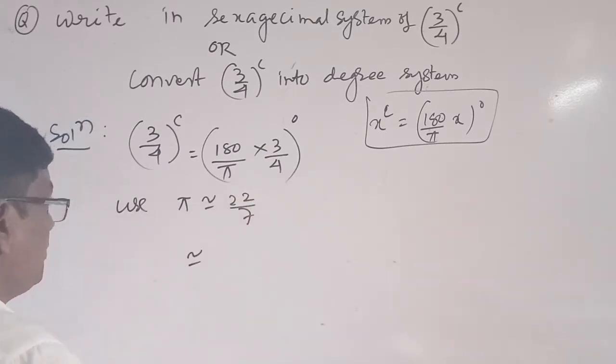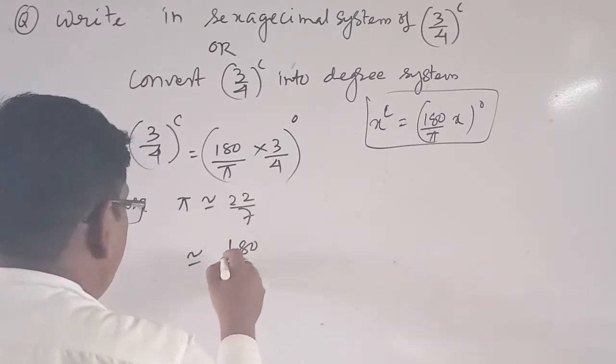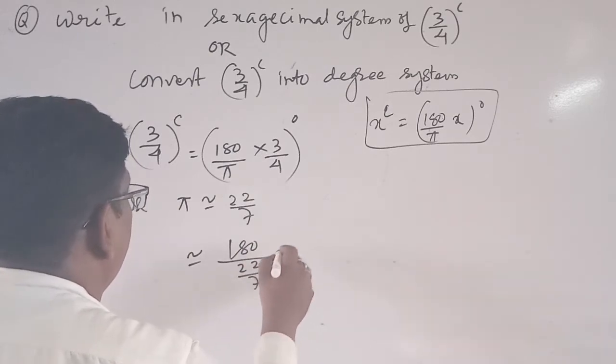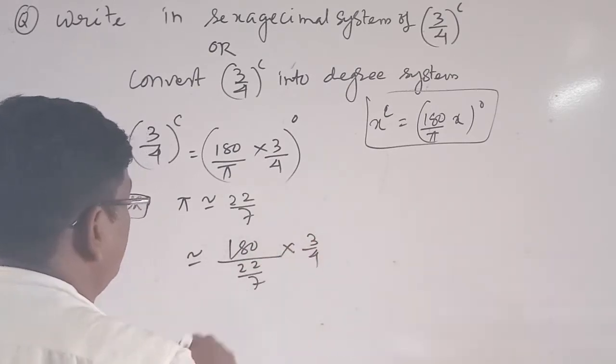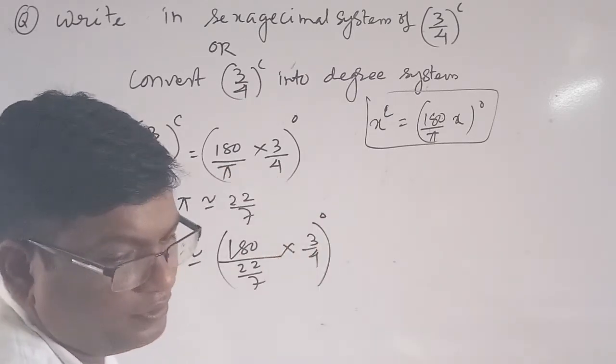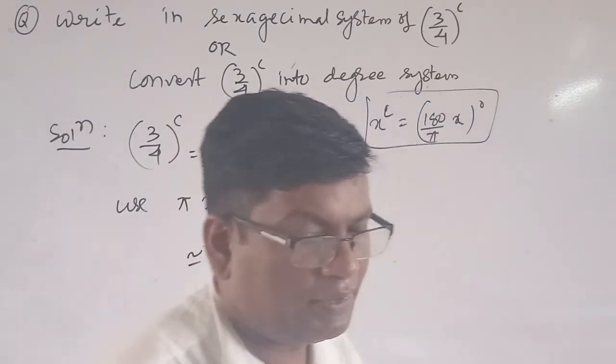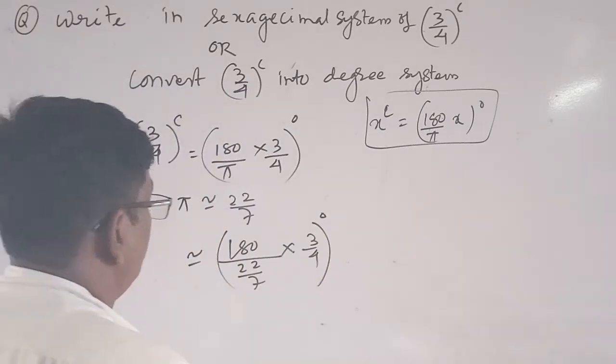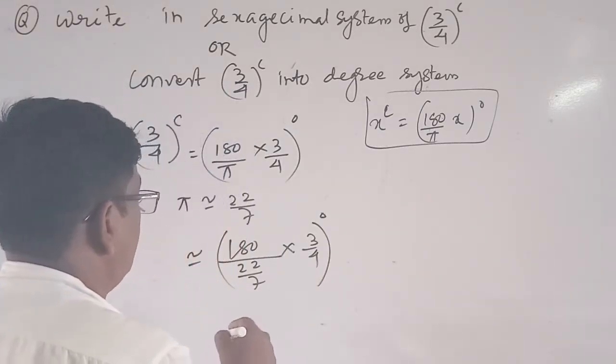That is approximately 180 by 22 by 7 into 3 by 4. Okay, this amount is in degree. Then calculating this, we get here.